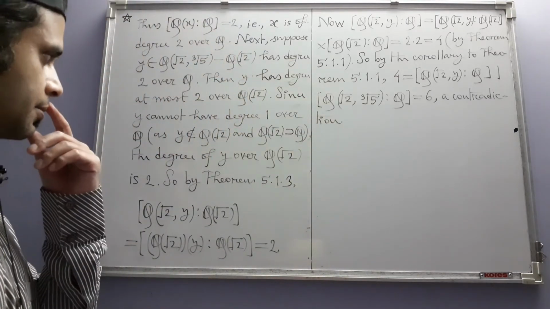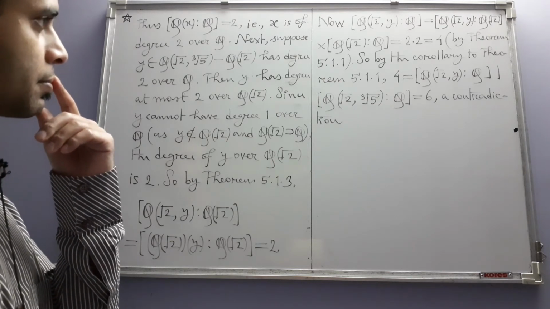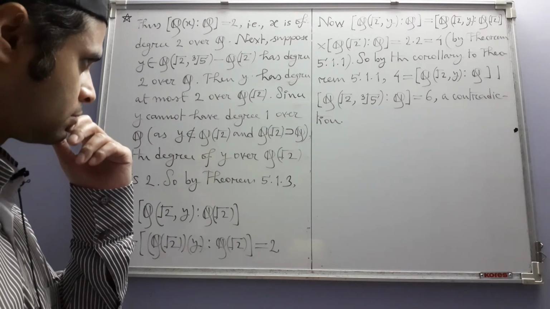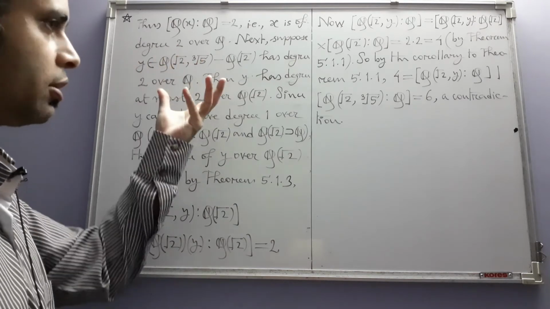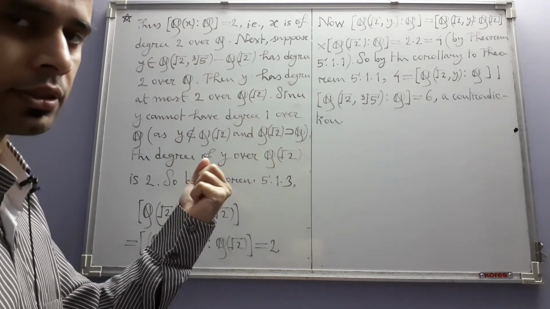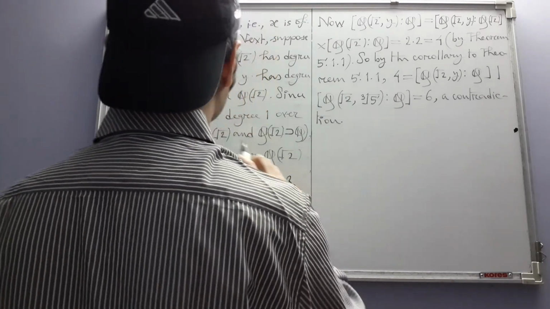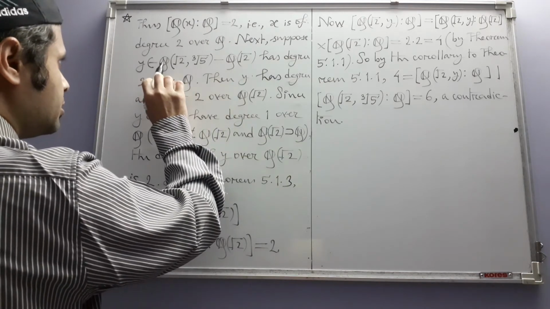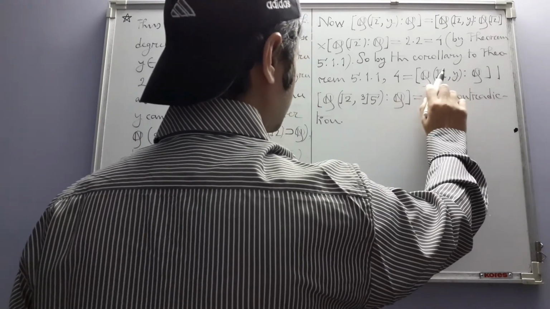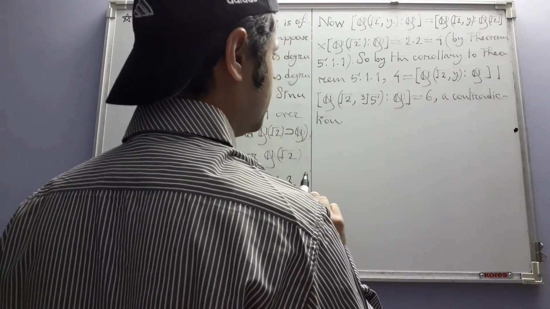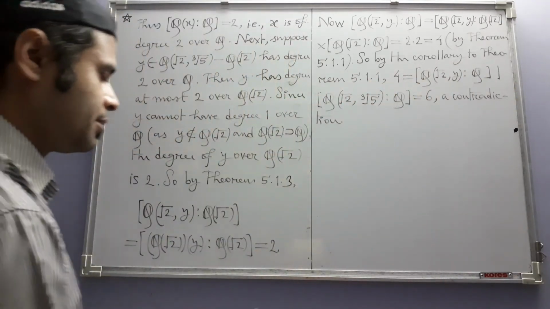Okay, let me just see one thing. We have chosen y from here after all, the largest extension in this discussion. So this extension contains of course Q as a subset and it contains y. So it contains this extension as a subfield. So yes, its degree over Q will divide this. Okay, fine. So that is a contradiction.